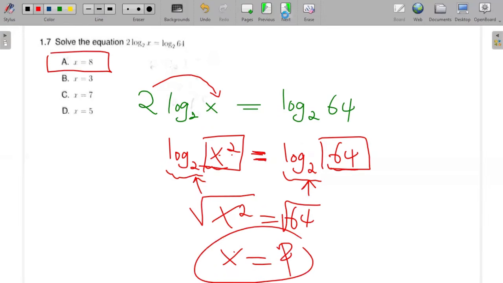Okay, next question is question 8. Here they're saying, solve the equation. So they have 25 to the power x plus 1 is equal to 125 to the power 2x minus 1. So here the secret is to express this 25 and this 125 as 5 raised to the power something.